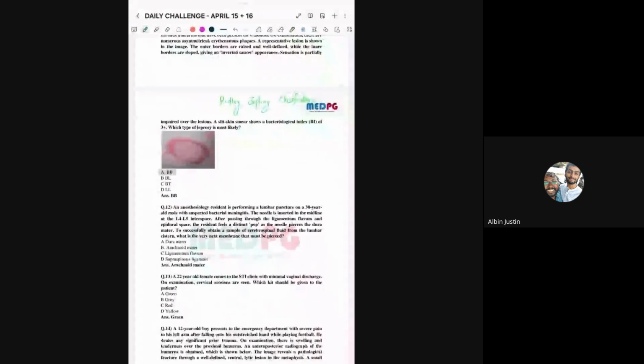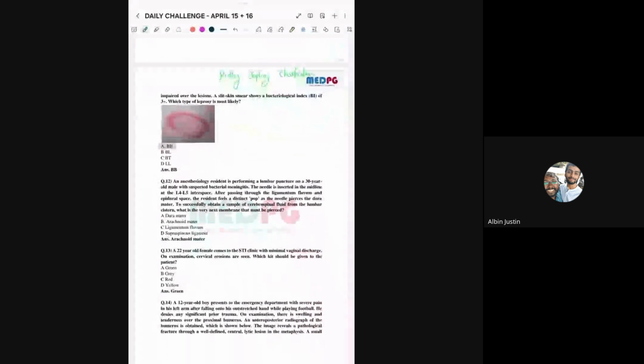So why is it not BL, borderline lepromatous? More patients and more symmetric and more bacteriological index. Why is it not BT?